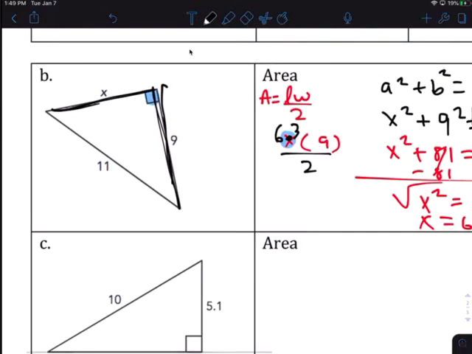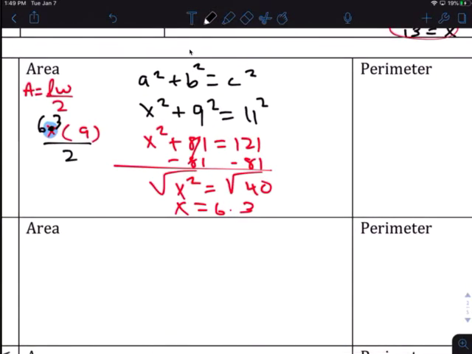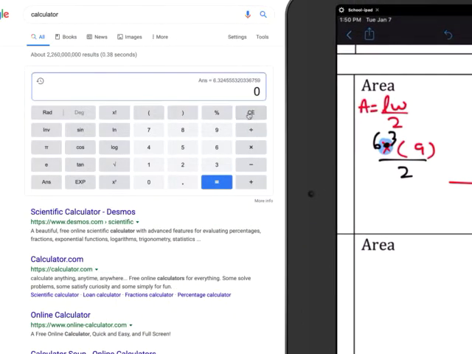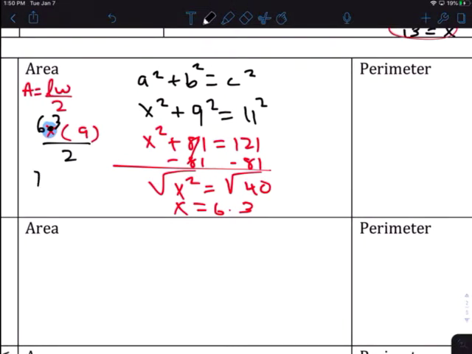Okay, so now put in your calculator: 6.3 times 9 divided by 2, 28.35. So your answer for the area is 28.35 units squared.